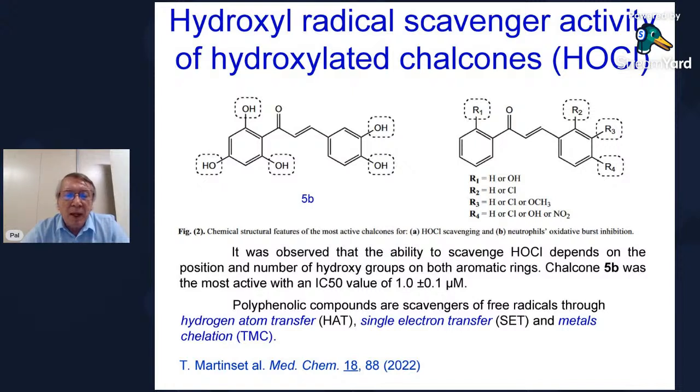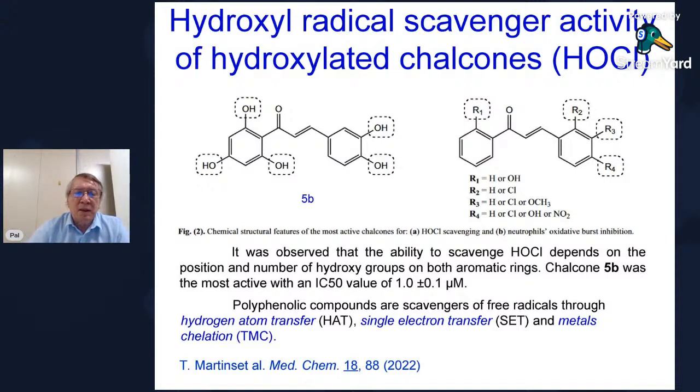In the referred article, Martin Seth and co-workers reported that the most effective scavengers of hypochlorous acid dependent radicals, radicals generated from hypochlorous acid, are those which have the substitution pattern represented by the compound titled 5B.